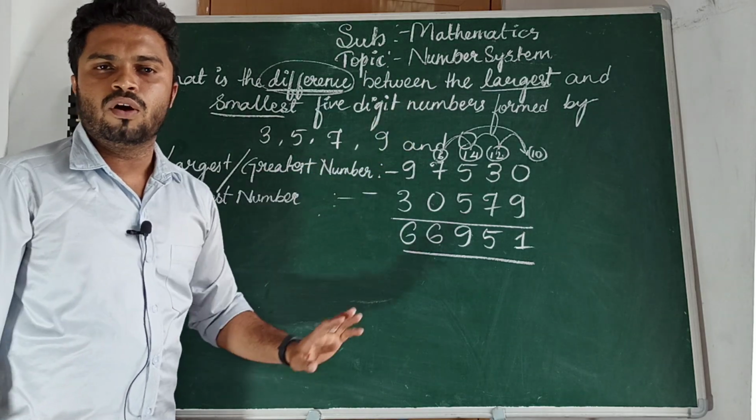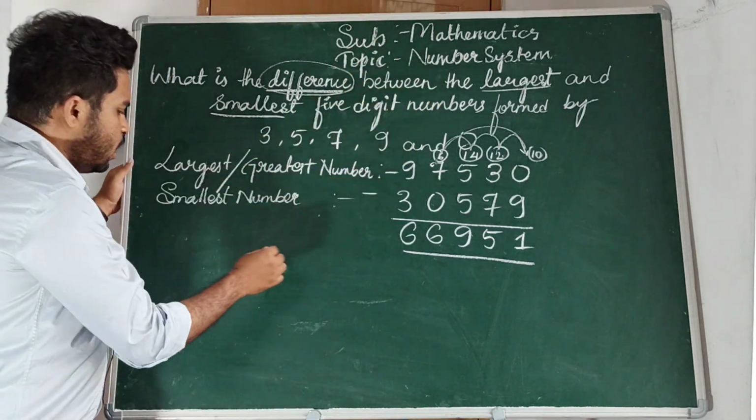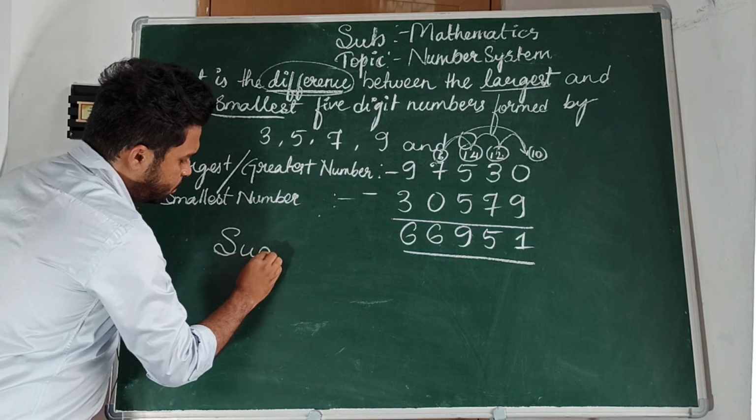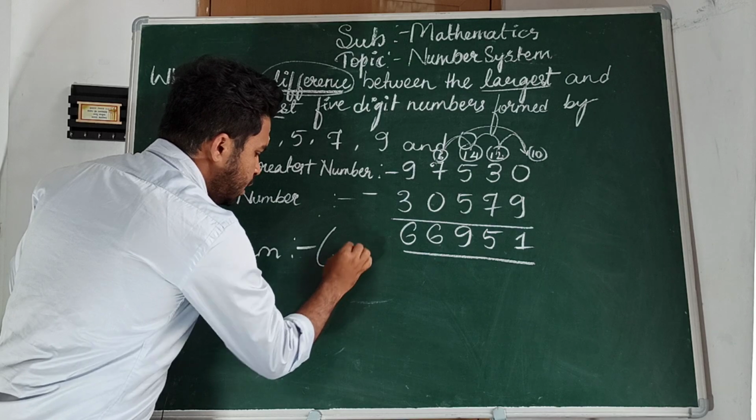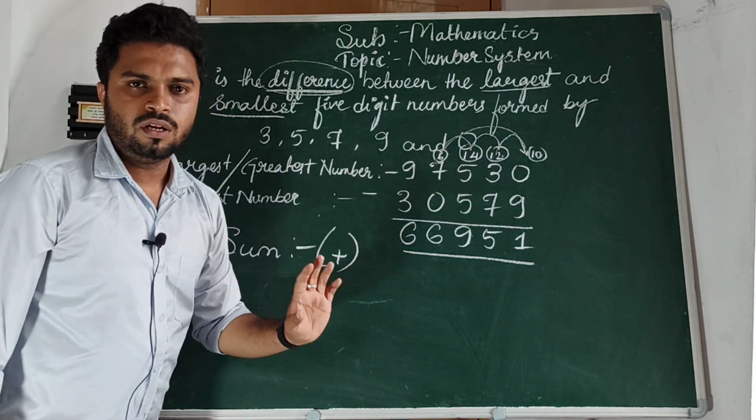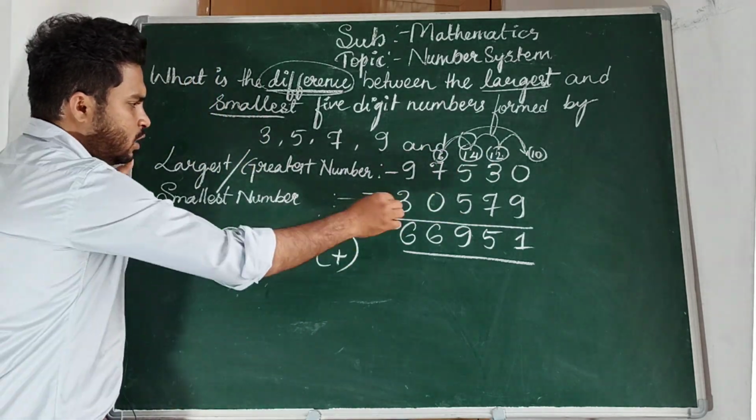In some other problem, students, they might give you to find the sum also. What is the meaning of sum? Sum is nothing but to do addition. To the same number you are going to do addition. I'll just show you.